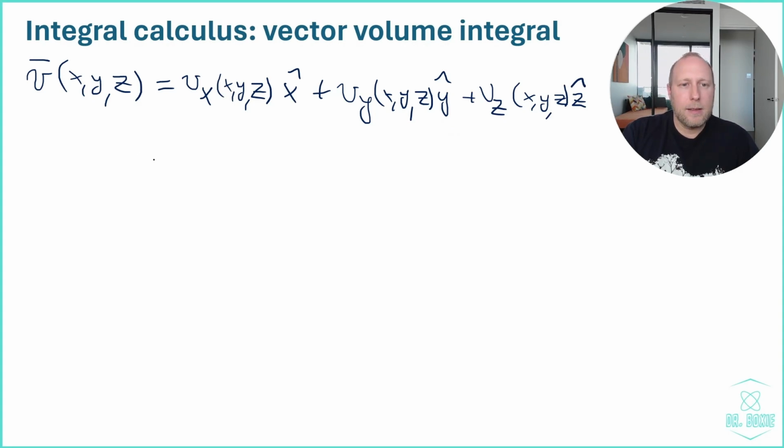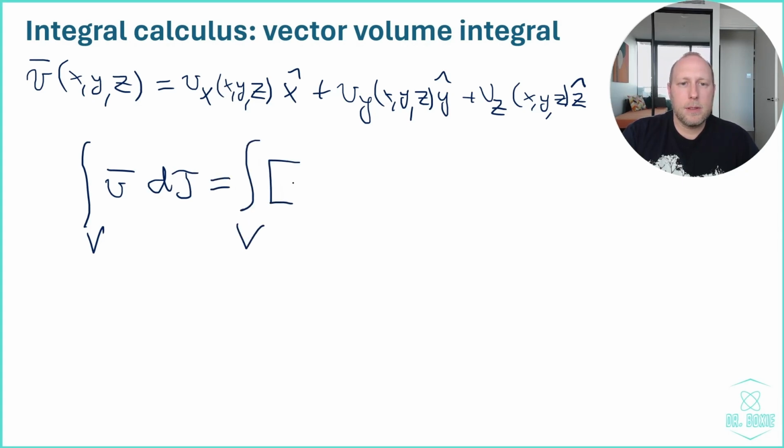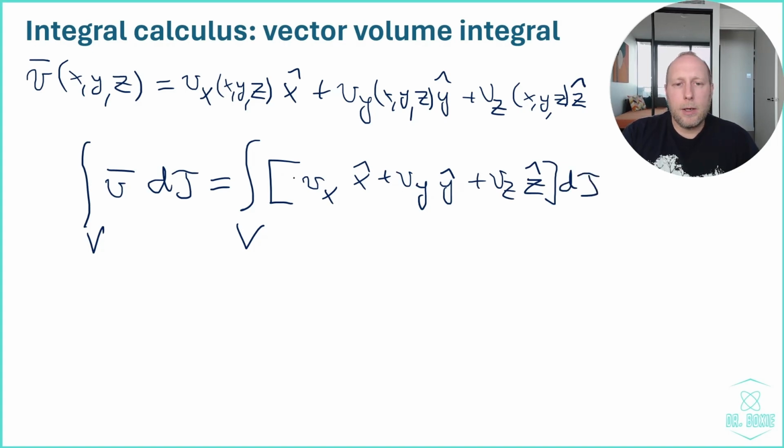And we define the volume integral of v as the volume integral of this sum, vx x hat plus vy y hat plus vz z hat, d tau, where I omitted the x, y, and z dependence of each of the component functions just to make it more readable.